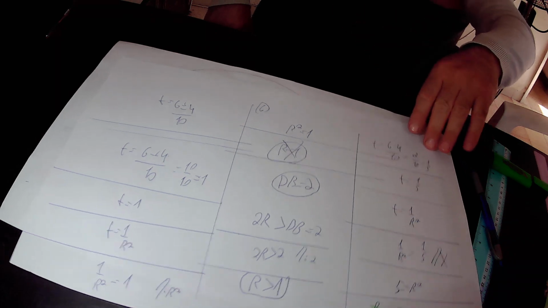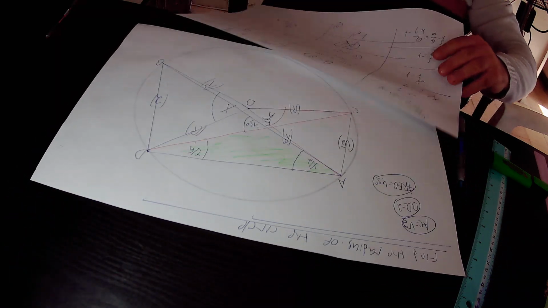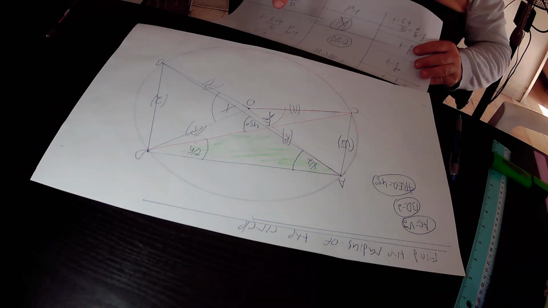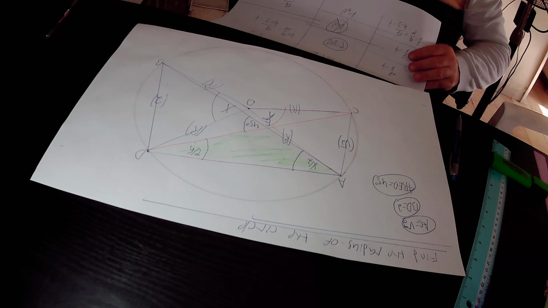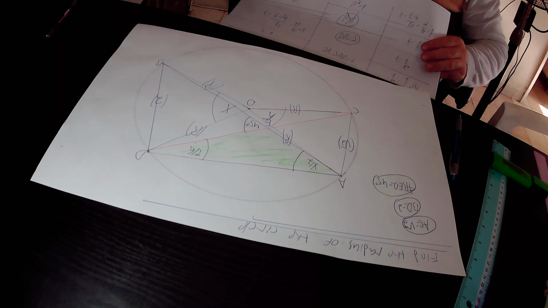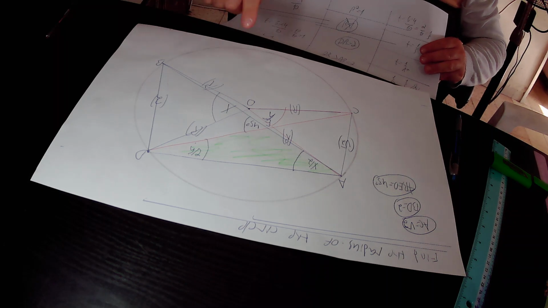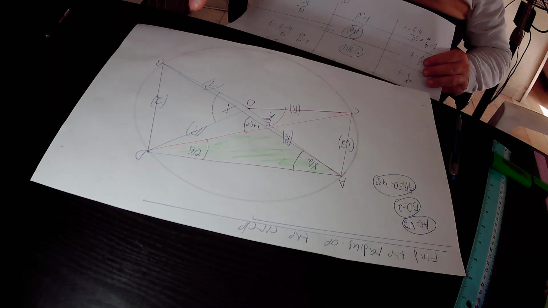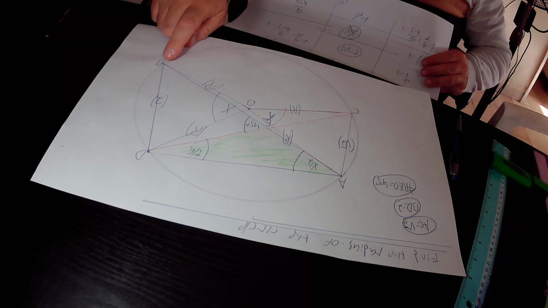But it is actually impossible that the radius r of this circle equals 1. Why? Because we know that chord DB equals 2 units in length, and chord DB is definitely not the diameter of this circle.